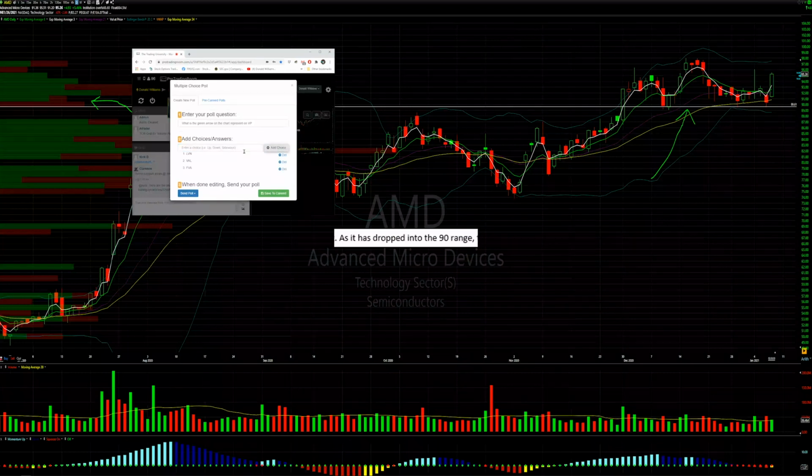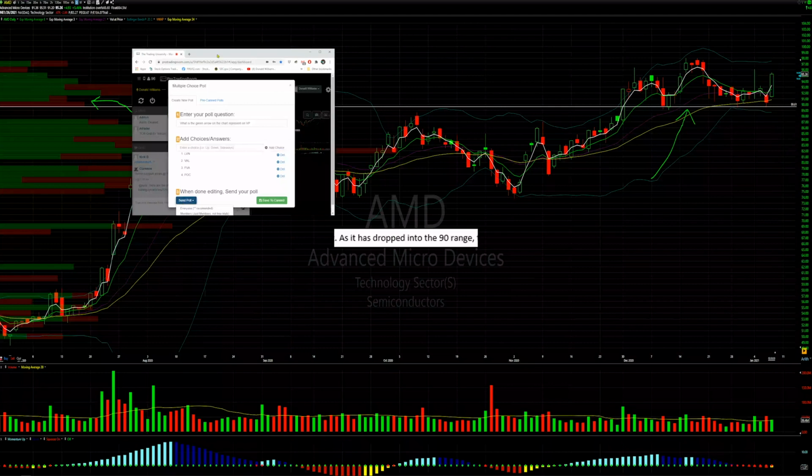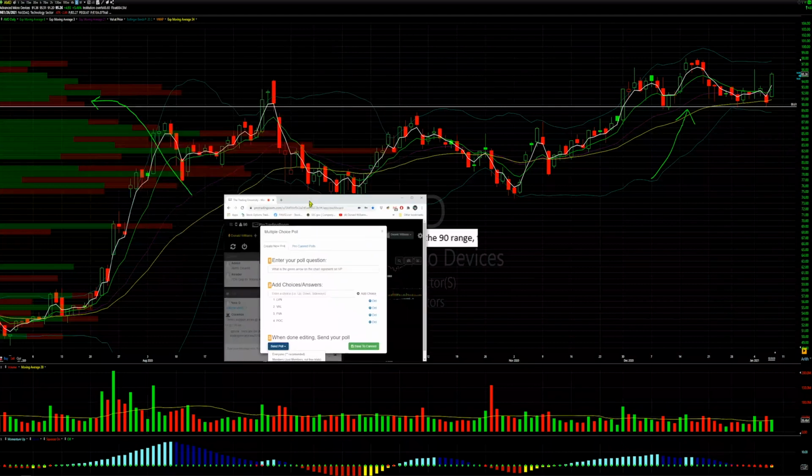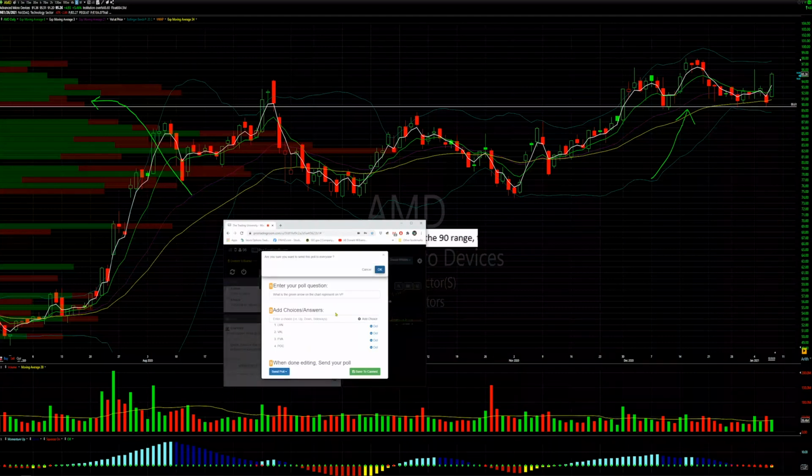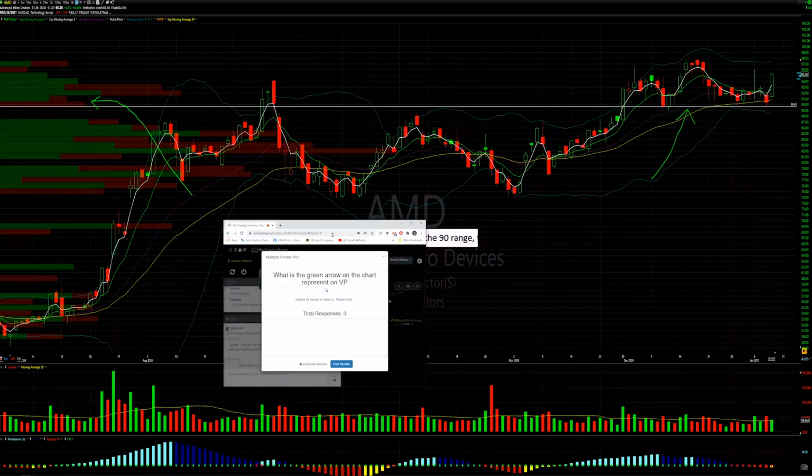But I just want to see what we get on this poll. All right. And so what I'm asking, guys, I just sent a poll out, is what is this line and this green arrow representing? All right, let's see what we get on the responses.